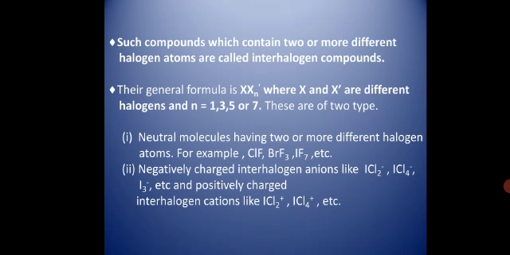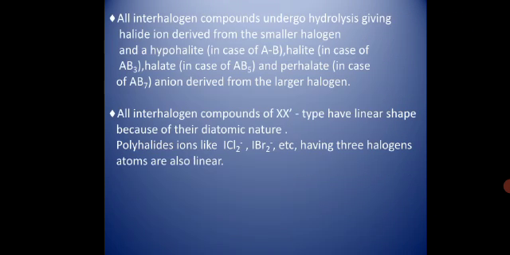Clear? So all interhalogen compounds undergo hydrolysis, giving a halide ion derived from the smaller halogen, and a hypohalite, halite, halate or perhalate anion derived from the larger halogen. All interhalogen compounds of XY type have linear shape because of their diatomic nature.